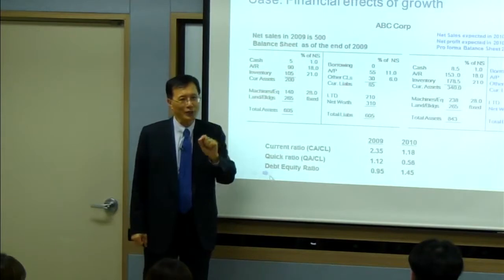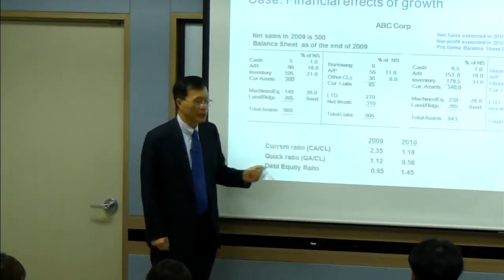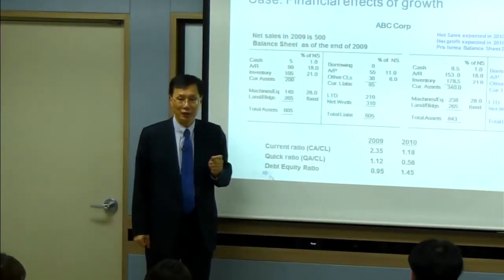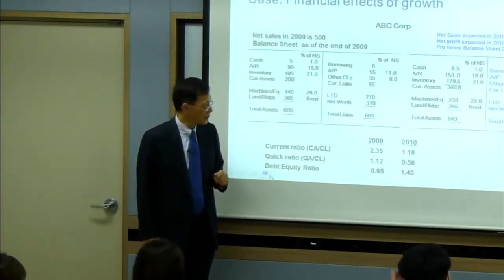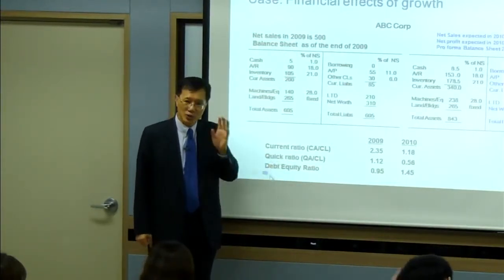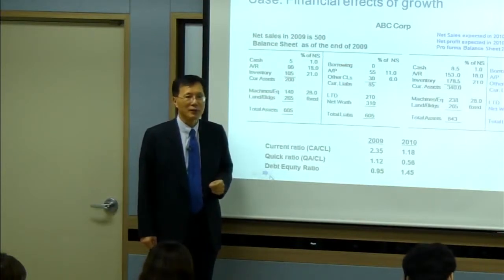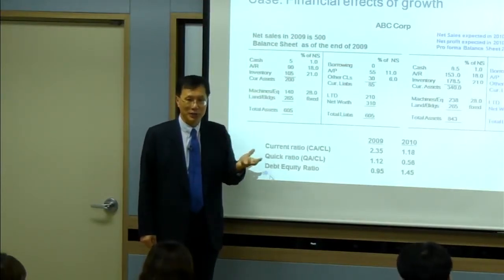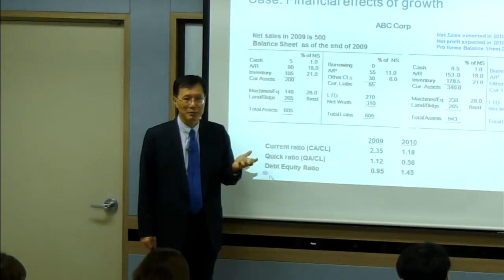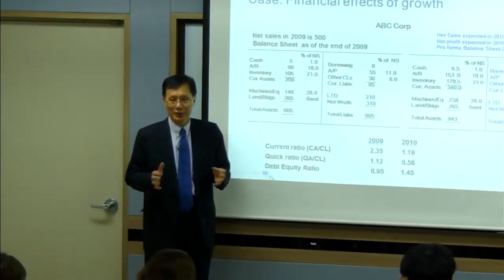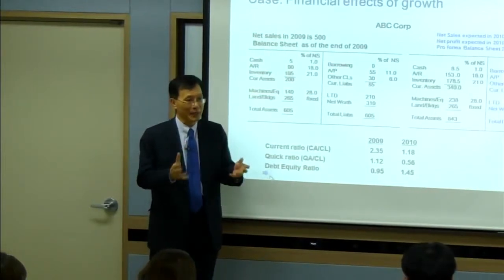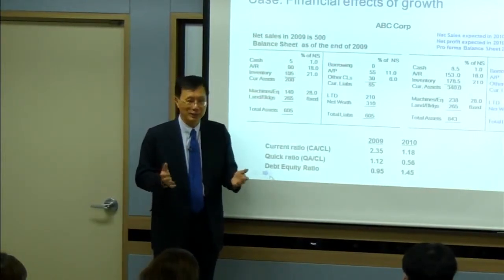For each dollar of current liabilities, you have $2.35 of current assets. Quick ratio. For each dollar of current liabilities, you have $1.12 of quick assets, cash and marketable securities plus accounts receivable. So the company seems pretty solvent. The company doesn't have any problem paying short-term debt.